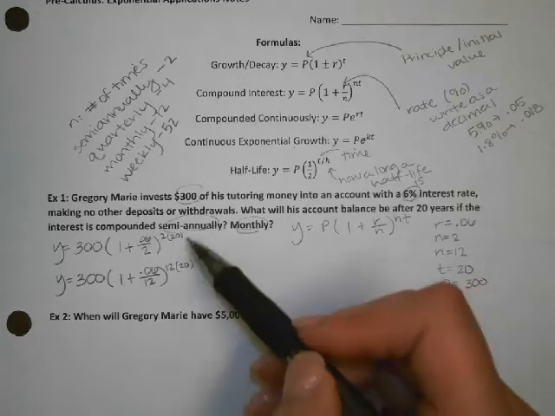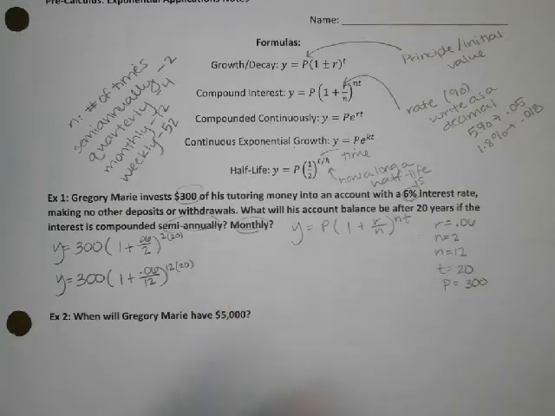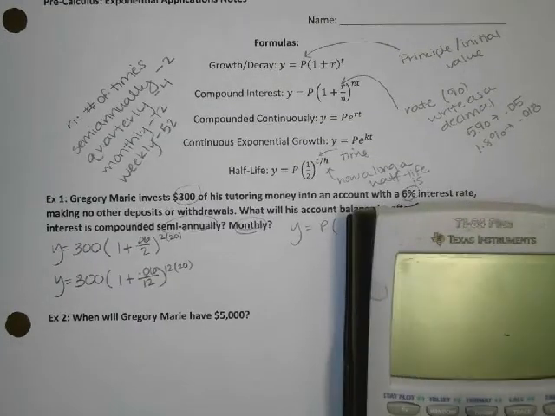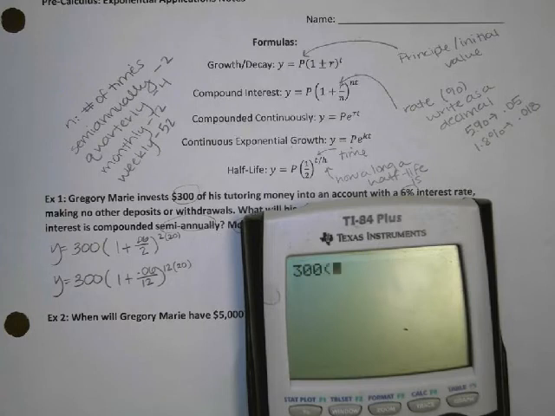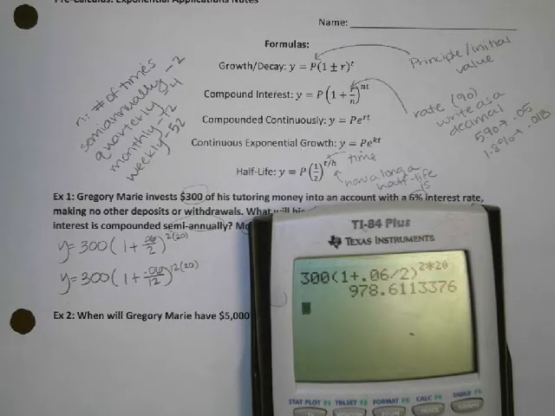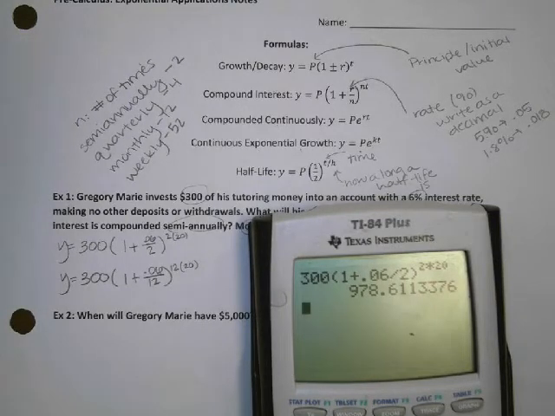All right, now this is a problem that I could have asked you before pre-calc. This is very straightforward. You plug it into your calculator, you get your answer, you're good to go. So 300 times (1 plus 0.06 divided by 2) to the 2 times 20. So in 20 years, if the interest is compounded semi-annually, so if it's compounded twice a year, then your $300 would become $978.61.